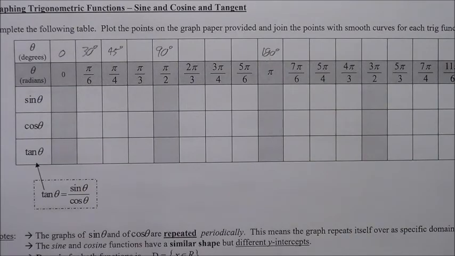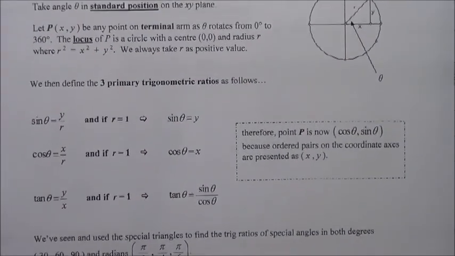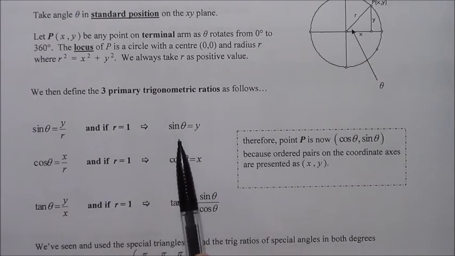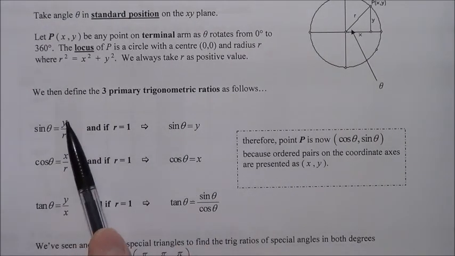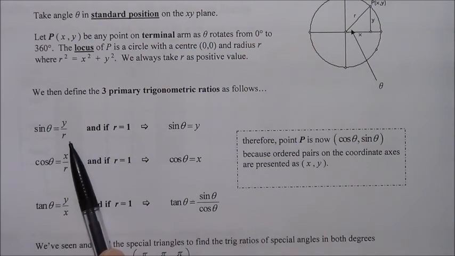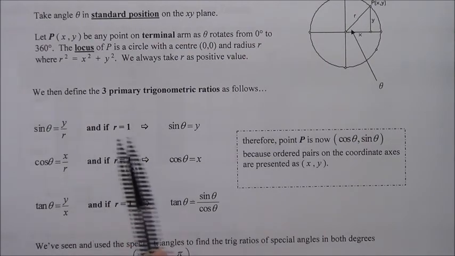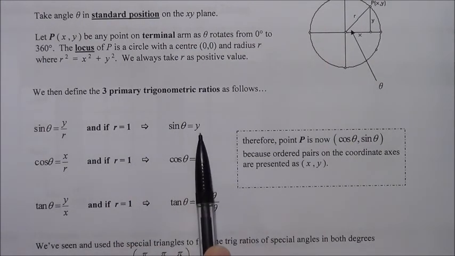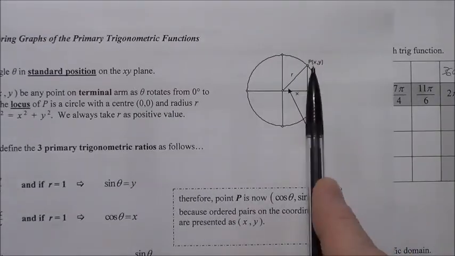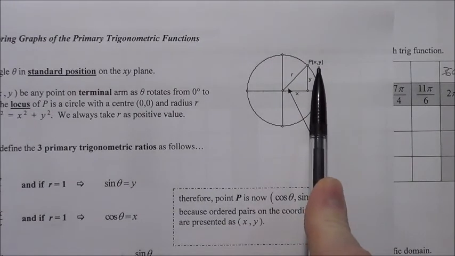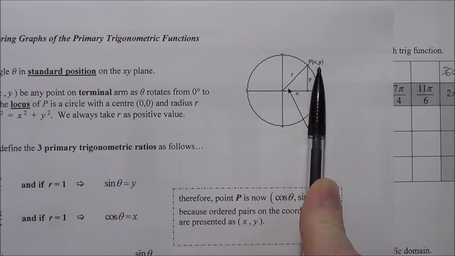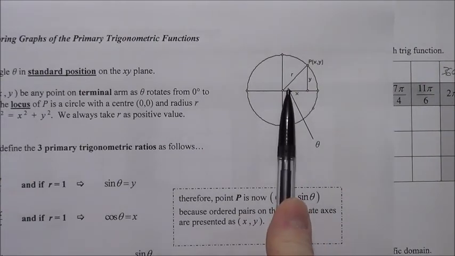This also comes from the fact that from the unit circle we know that sine theta is opposite over hypotenuse, which is y over r, and if the radius is just 1, then that means sine theta equals y. So in an ordered pair, the second coordinate of a point on the Cartesian plane is sine theta, given the rotation of theta.